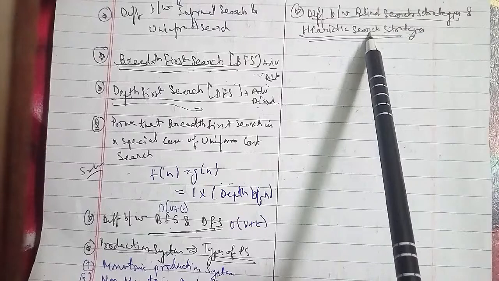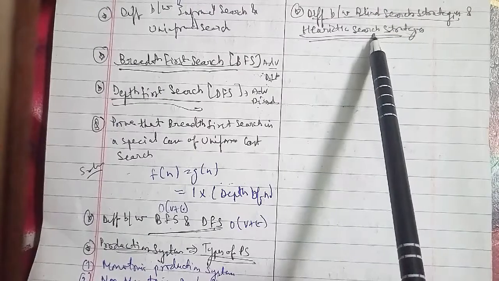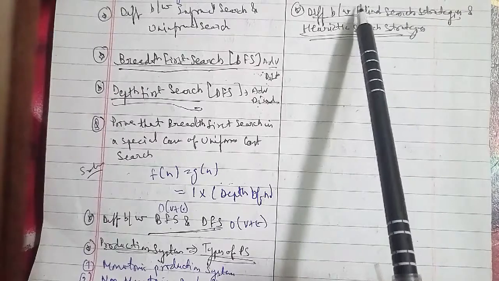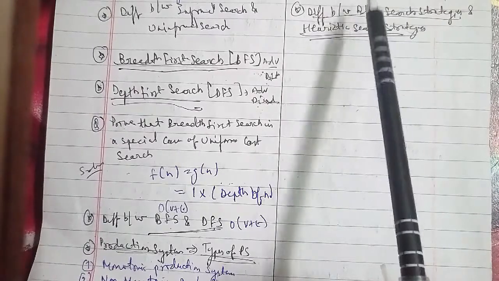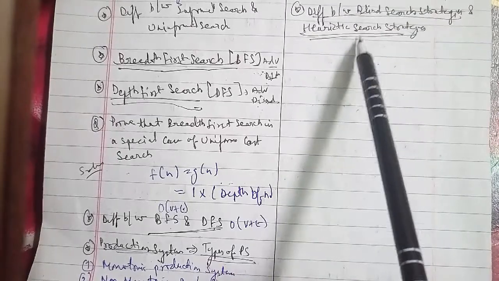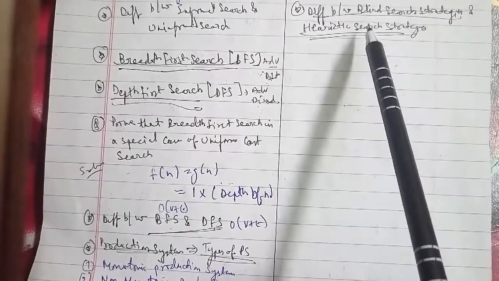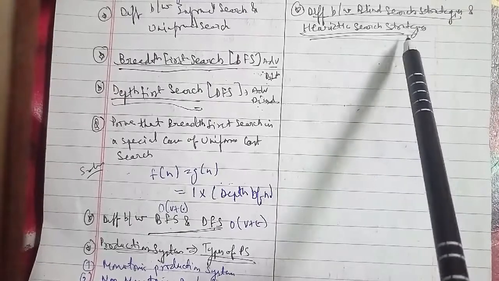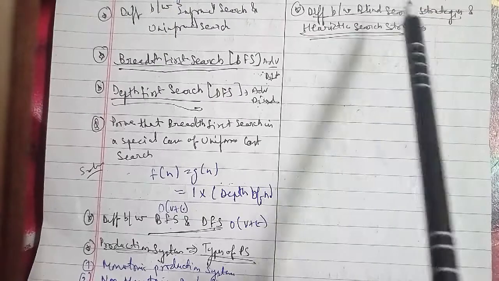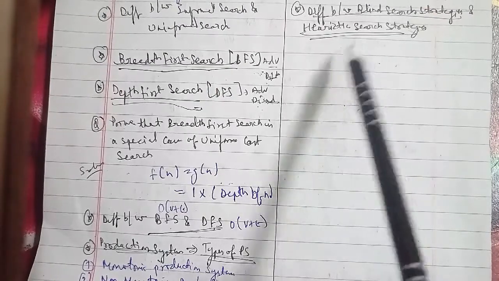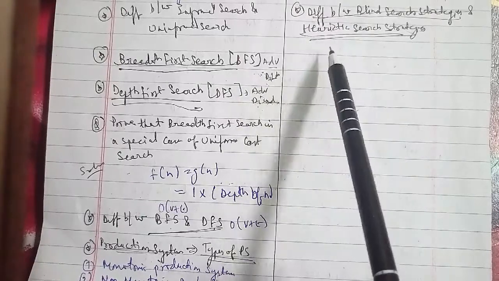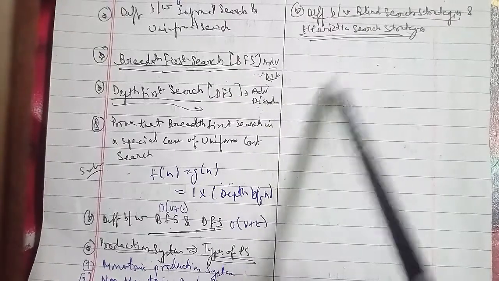And in the same regard, blind search techniques include breadth first and depth first search, and heuristic search techniques include best first, A star, etc. So these were the differences between blind search strategies and heuristic search strategies. Now we'll discuss why heuristic search is better than blind search. That is very important, and it has even been asked for 5 marks.